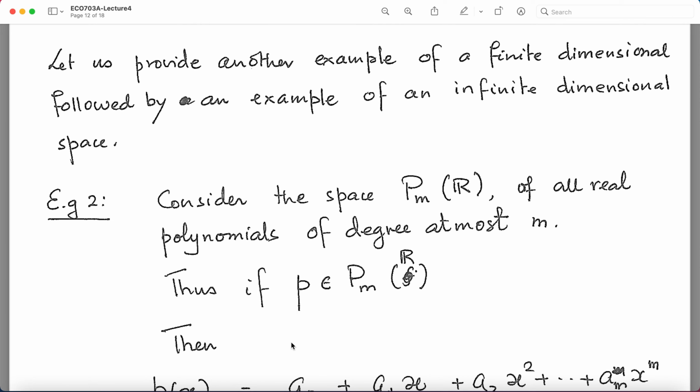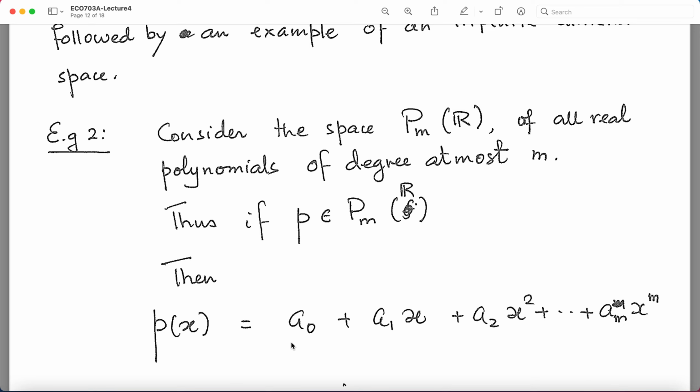Okay. Now, consider the space of polynomials of real variable, of course, of degree at most m. Every element P in this set, Pm of R, has real coefficients and a real variable, real polynomials.